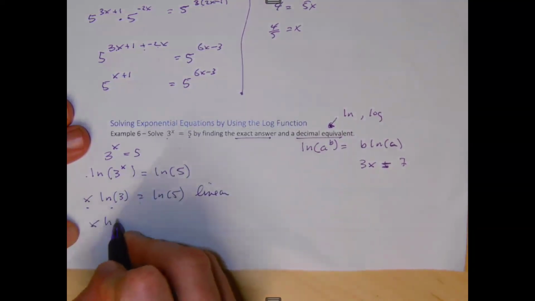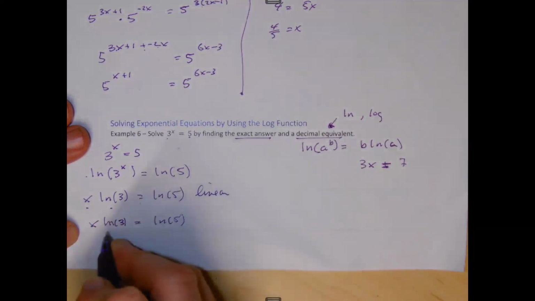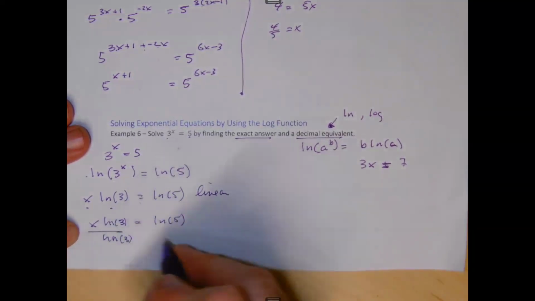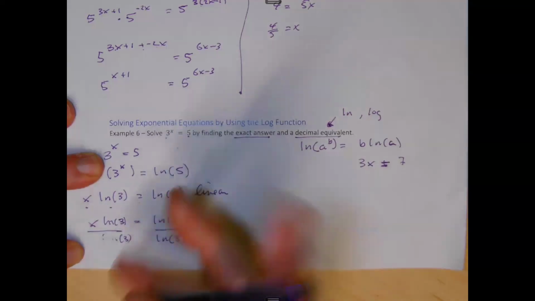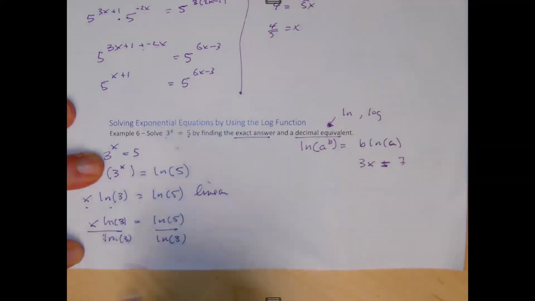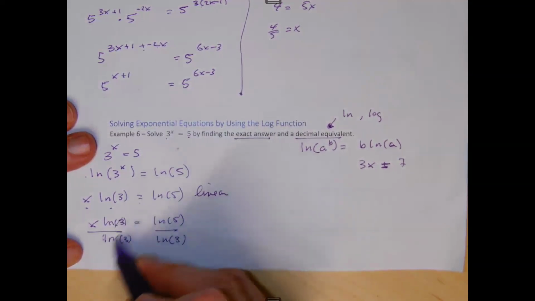I'm going to write this over again. But in this step, what I need to do is divide by natural log of 3. Natural log of 3 divided by natural log of 3, that's a 1.